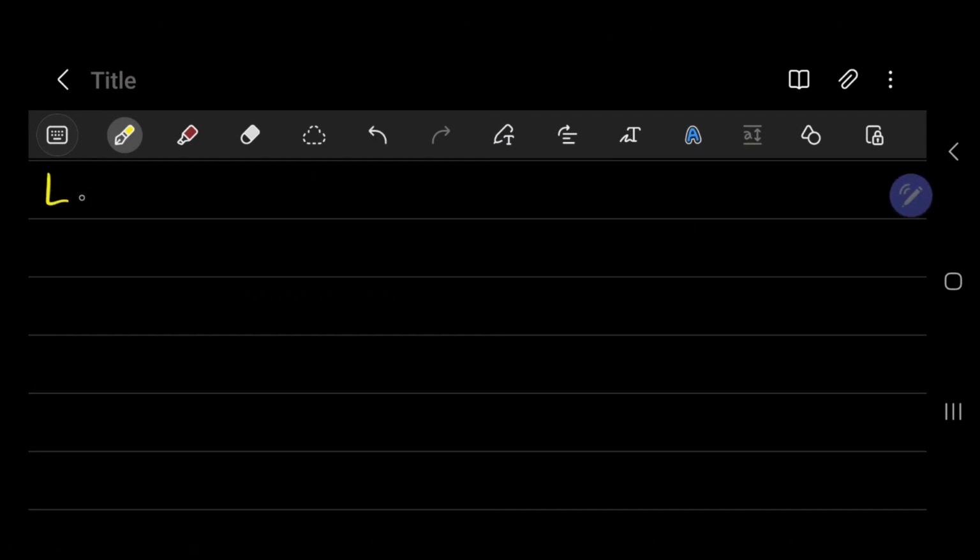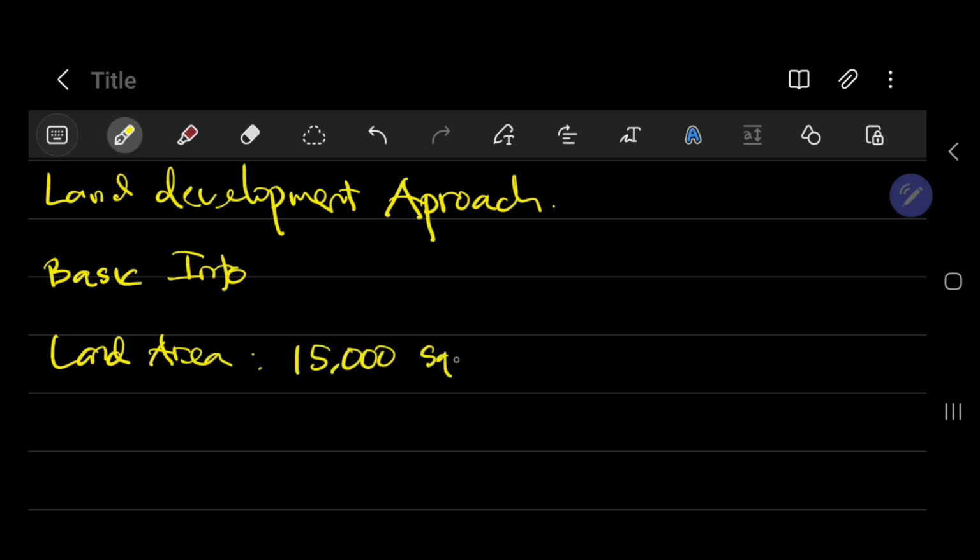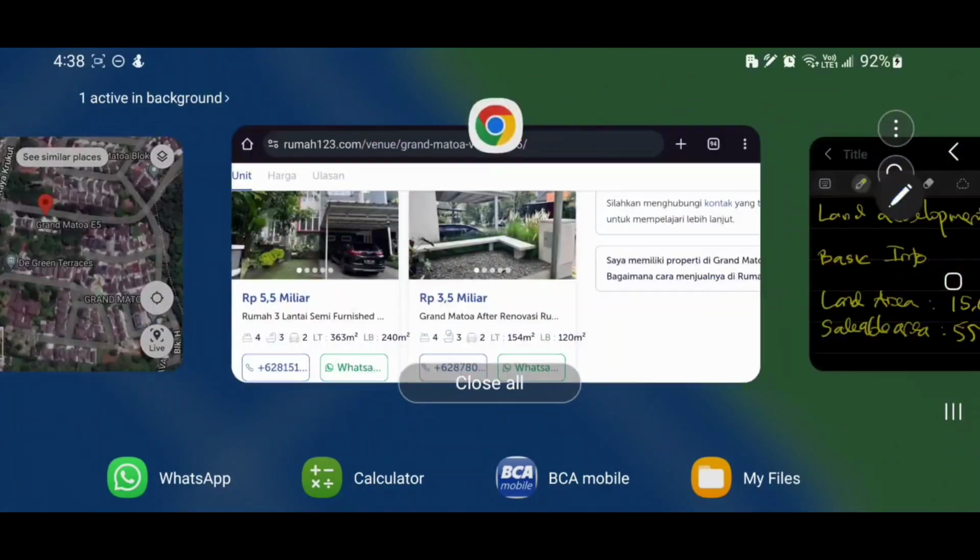Okay, let's start to calculate, and we're using a land development approach. For the land area, we put all the basic information first. The land area is 15,000 square meters. For a landed house project, we assume the sellable area is around 60%, or it's better we put a safe one, 55%, because some of the area probably is not effective.